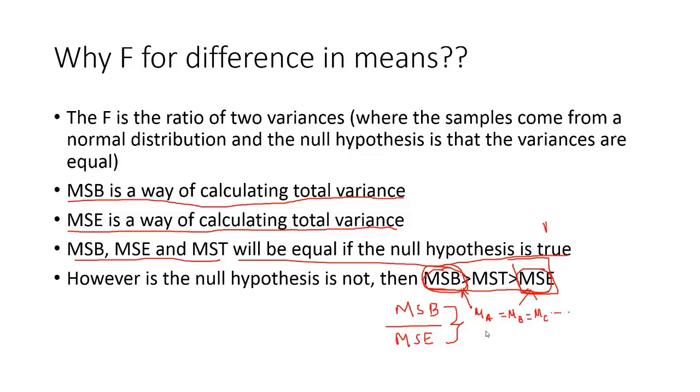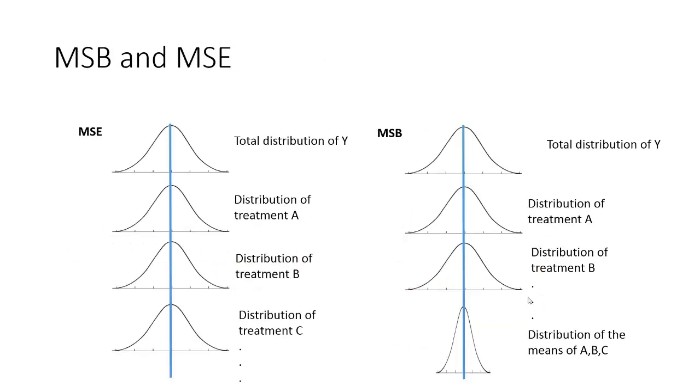If this null hypothesis is not true, let's take a look at why this computation becomes an overestimate and this becomes an underestimate. Okay, so here is the first case where the null hypothesis is true. If the null hypothesis is true, that means mu A equals mu B equals mu C equals mu D, which means the mean of mu A.